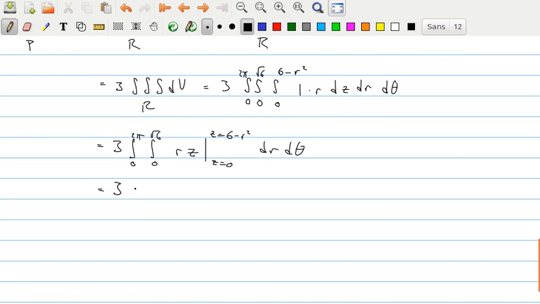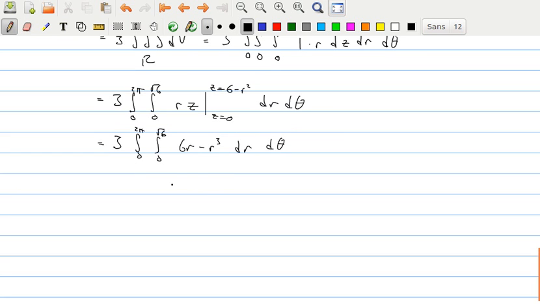So we've got 3, integral from 0 to 2 pi, integral from 0 to radical 6. If we now plug these limits in, we've got 6r minus r cubed, dr, d theta. We can now integrate this term by term. We've got 3 integral from 0 to 2 pi of 3r squared minus r to the 4th over 4, evaluated from r equals 0 to r equals radical 6.